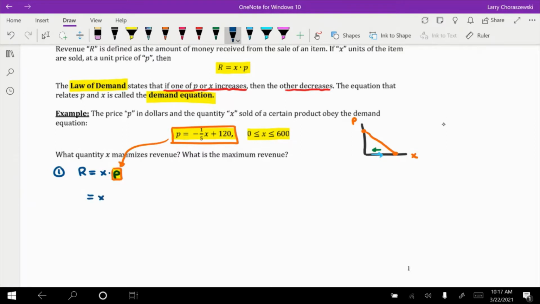In doing so, we'd have x times (-1/5 x plus 120). I'm going to distribute x to clear parentheses, and we would get -1/5 x squared plus 120x. Now the only variable used in this last line of math is x, meaning that the revenue can now be thought of as a function of x.